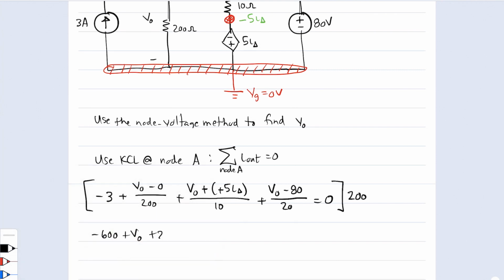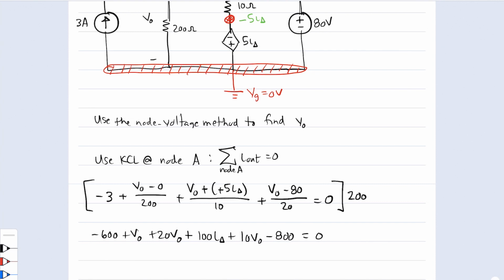So we have plus 20 V naught, and then 20 times 5 I delta, that is 100 I delta. And then we have 200 divided by 20, that's 10, so we have plus 10 V naught, and then 10 times 80, that's minus 800, and then 0 times 200 is 0.